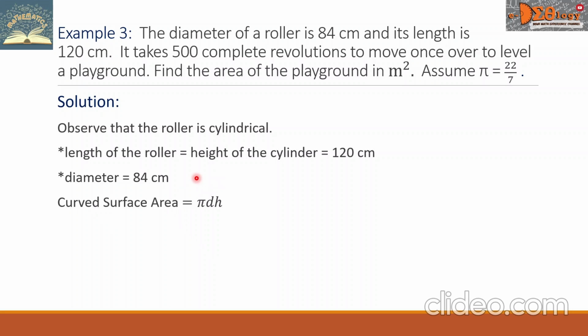Now, let us compute the curved surface area using the formula with diameter, so this is pi d h. Substituting the values, we have pi as 22 over 7, d is 84 centimeters, h is 120 centimeters. The answer here is 31,680 square centimeters.